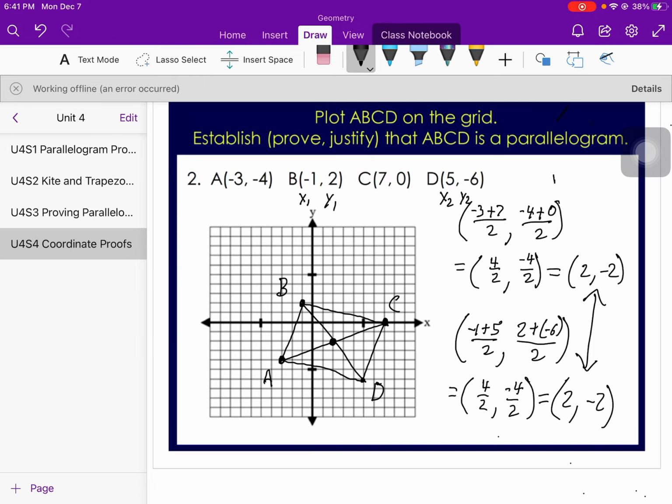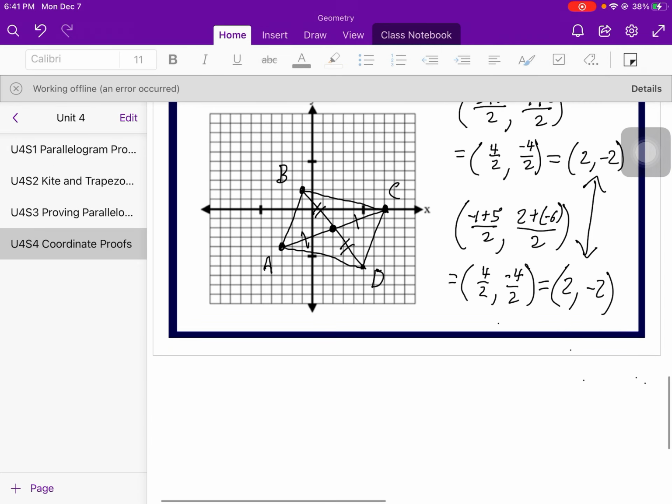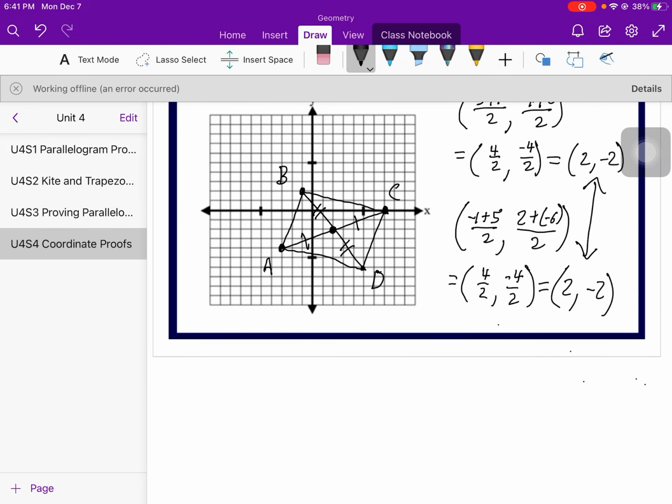Again, this is great because it tells us that the diagonals meet at their midpoint. Therefore, this is congruent to this, and this is congruent to this. And diagonals bisect each other. That's what it proves. So we can say ABCD, I should have said this earlier in the first one, is a parallelogram. We can write out a sentence.